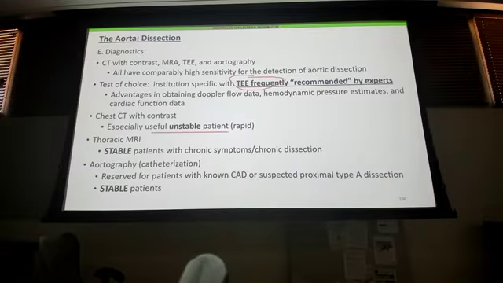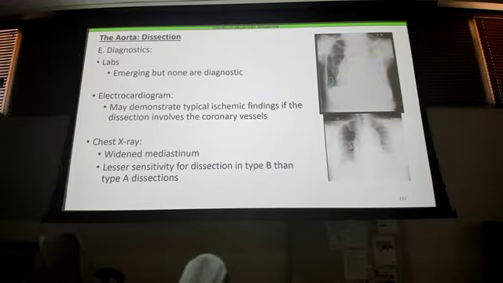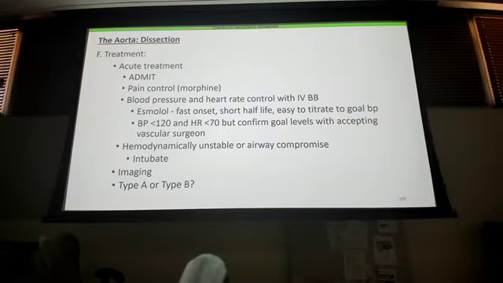The reason we are putting an unstable patient in the CT scanner is I need to know exactly where that tear is, so when I crack their chest open to try to fix the problem, I know exactly where I need to go, instead of trying to figure out where to go and where to cut. So chest CT in your unstable patients with aortic dissection. Other tests may not be as useful, but you may have some findings associated with them.